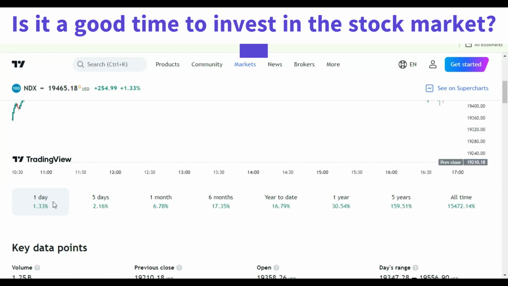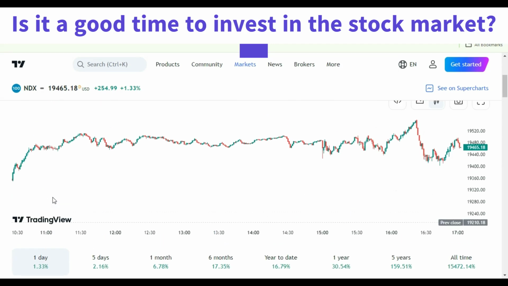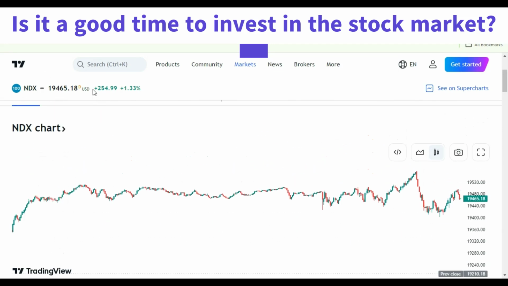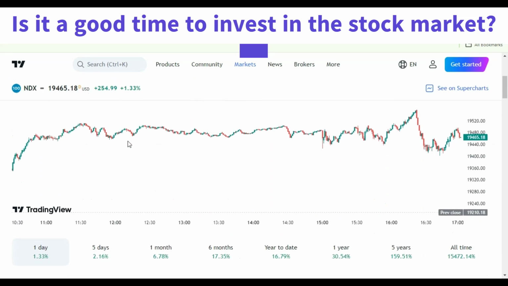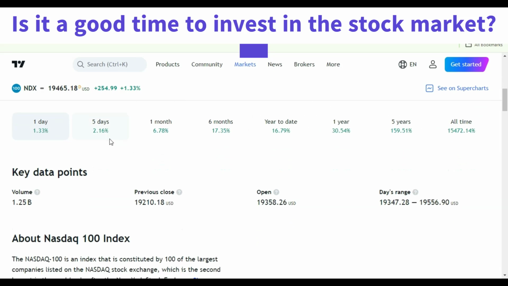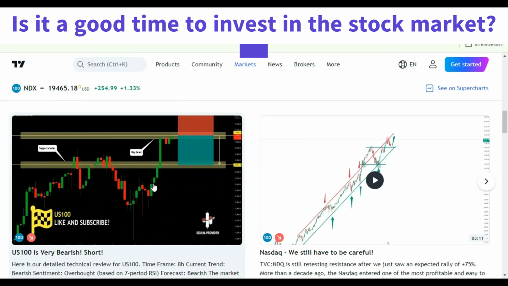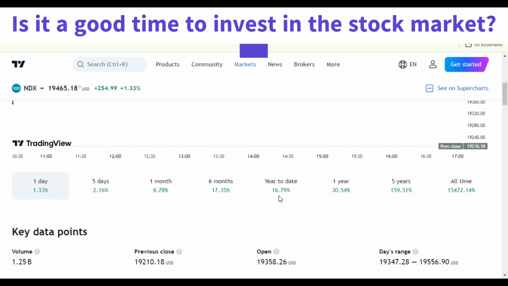For one day, that's the result. Very good. You can see all the explanation, all the chart.